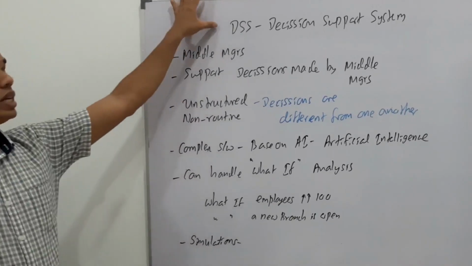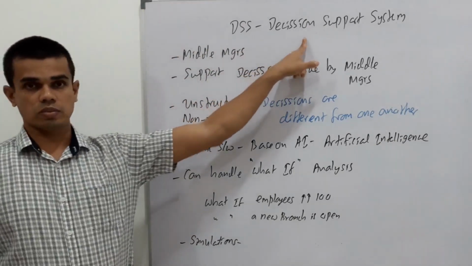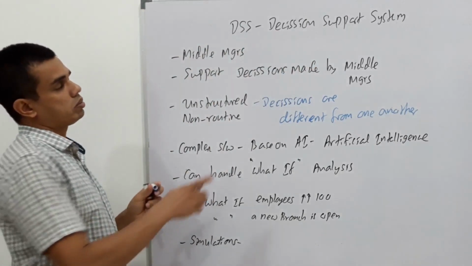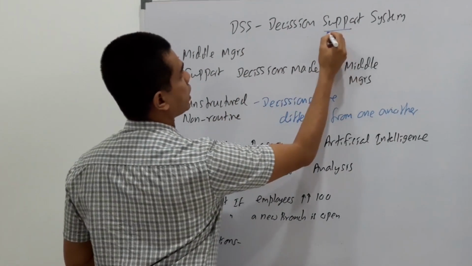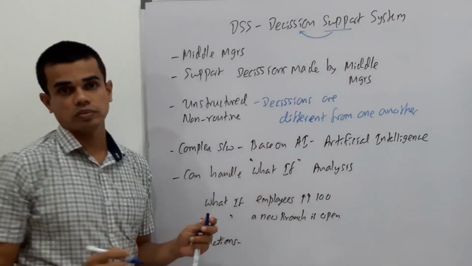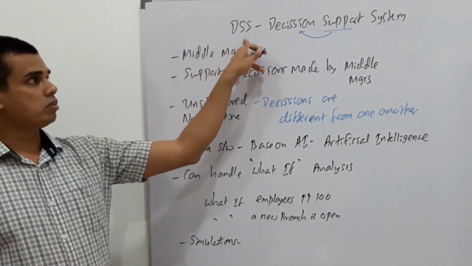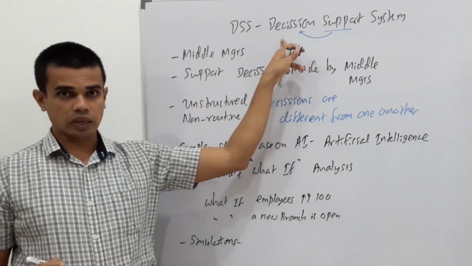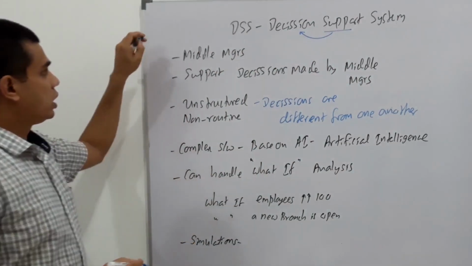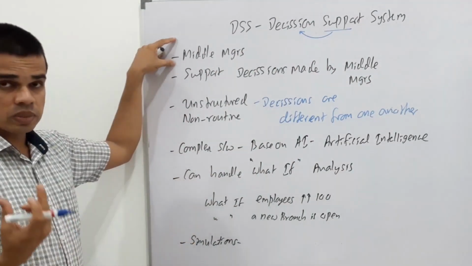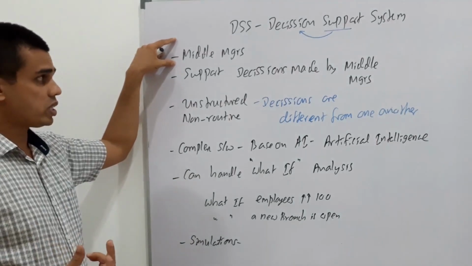Then the DSS, Decision Support Systems. Again, from the keyword you may understand that this is supporting the decisions made. A software system to support the decisions we make. And this is also used by the middle managers. If so, we know that this is going to have some summarized level of information.